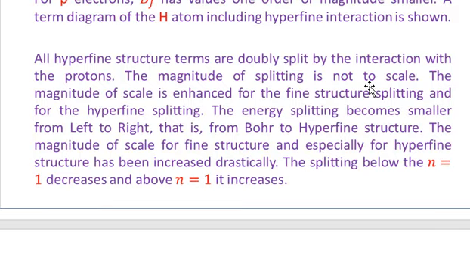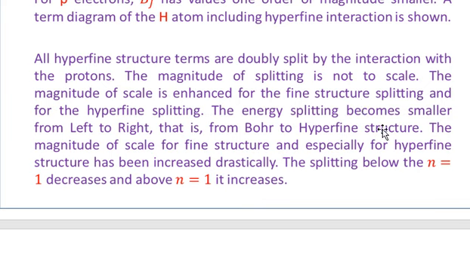And I have enlarged that scale to many orders of magnitude so that you can appreciate the splitting of the hyperfine structure. The magnitude of scale is enhanced for the fine structure splitting and for the hyperfine structure splitting. So I have enhanced the splitting for the fine structure and also for the hyperfine structure.